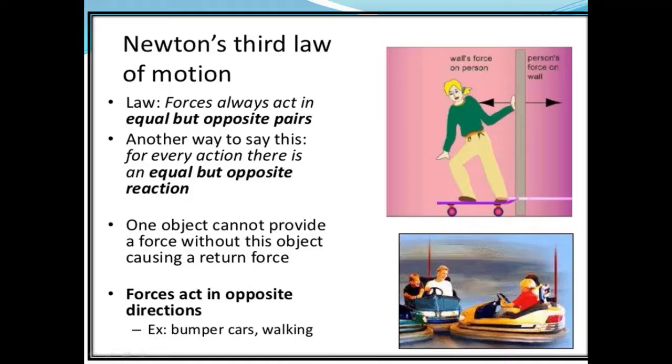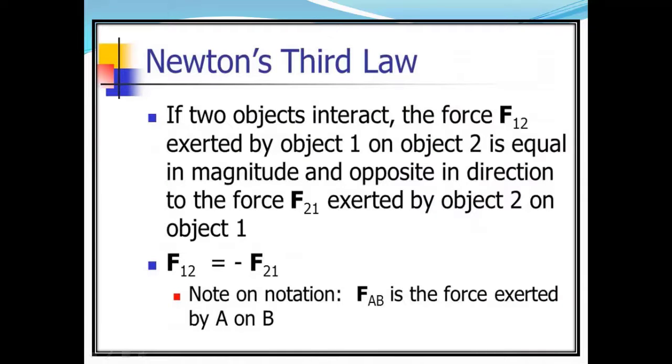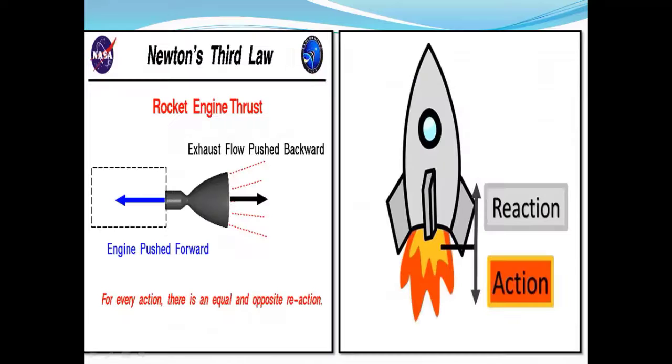So here you can see the bumper cars are also an example of Newton's third law. You can see here with the different objects. Also here, with the rocket engine thrust, you can say that there is an action where the exhaust flow pushes backward, and at the same time the engine is pushed forward.